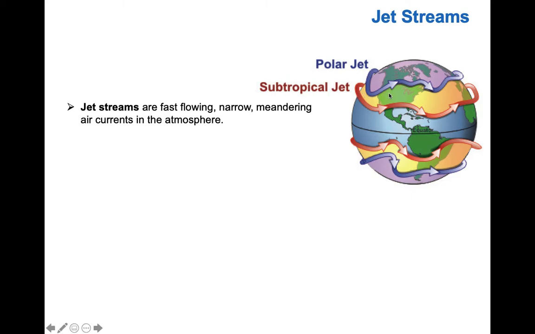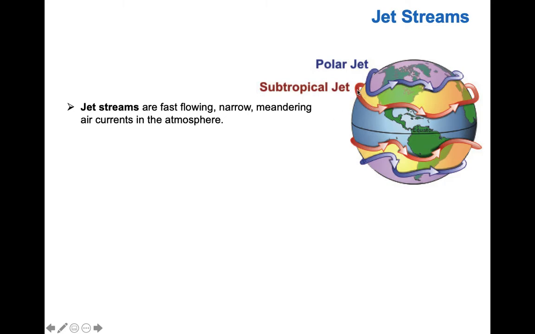So you see there are two jet streams. One is the polar jet at higher latitudes, and the other one is the subtropical jet at lower latitudes. It is the subtropical jet that strongly affects the climate in Ohio. And it basically goes up and down depending on how the polar jet stream behaves, particularly in the winter times.